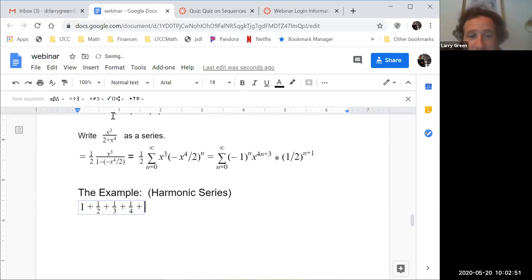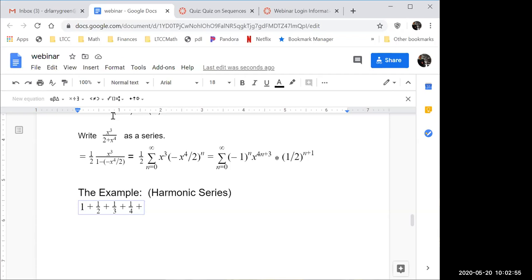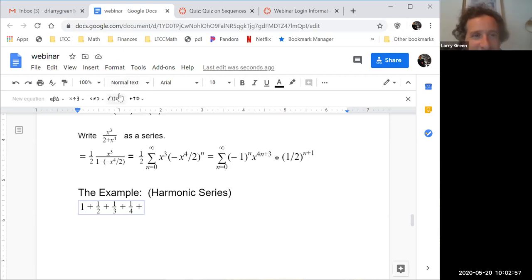What do you think comes next? Do you see the pattern? I hope you all do. 1/5. Okay. It's the example, and it's called the harmonic series. And I'm just going to write plus, dot, dot, dot.